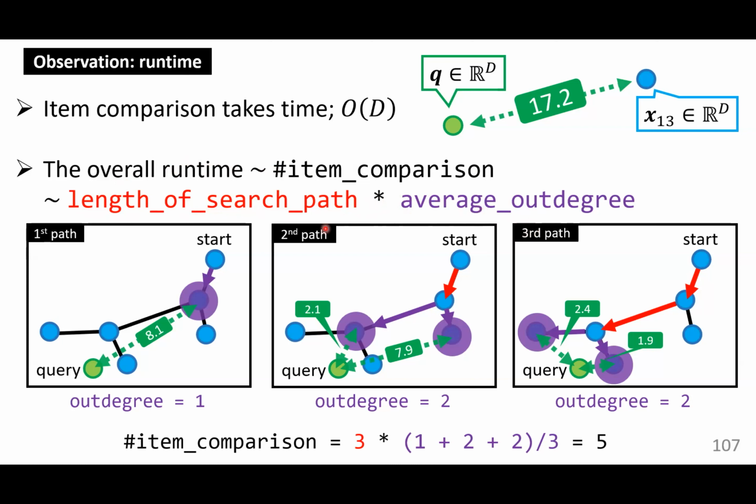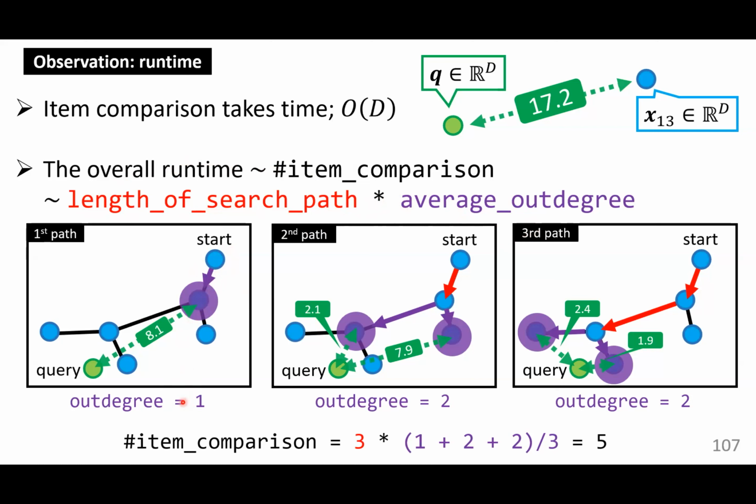So what does it mean? Let's see this example graph, starting with this node. Here the out-degree equals 1, meaning this node is connected to this one by just one edge. So we move here.